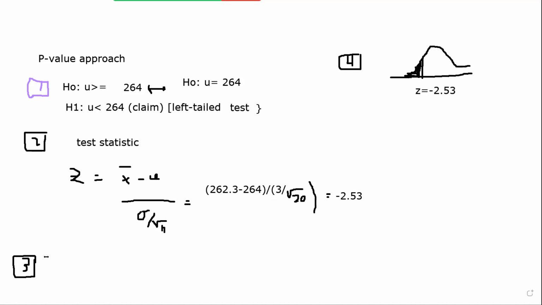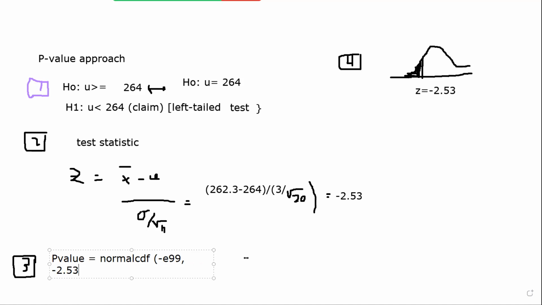Your p-value is going to be normal CDF from negative E99 to negative 2.53. Negative 2.53 is our Z.